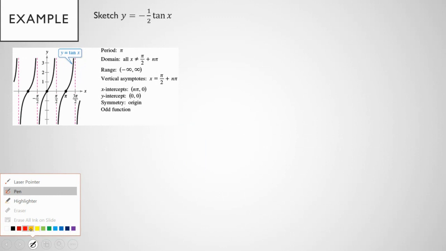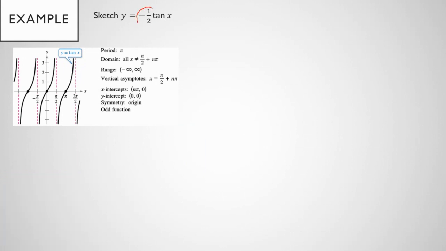Negative 1/2 here is a vertical stretch, and actually it's going to be a shrink in this case because it's 1/2. And because it's negative, we have a reflection. That is really important, so that we know that our graph, which is normally what it is for tangent, is going to be reflected, so it's going to be upside down.